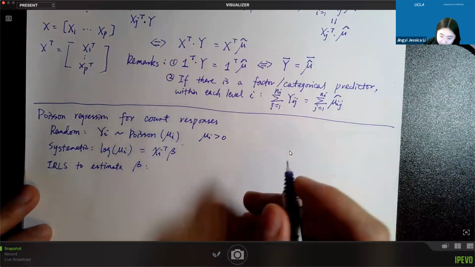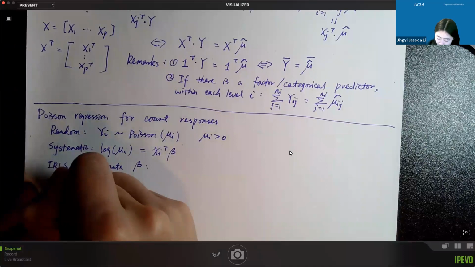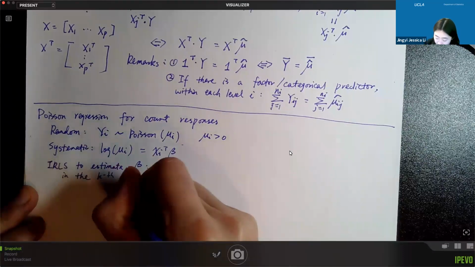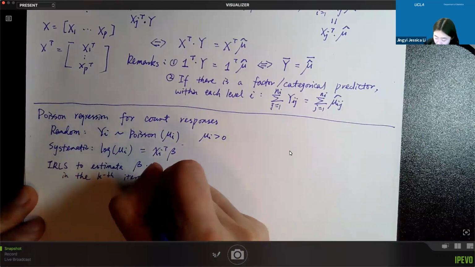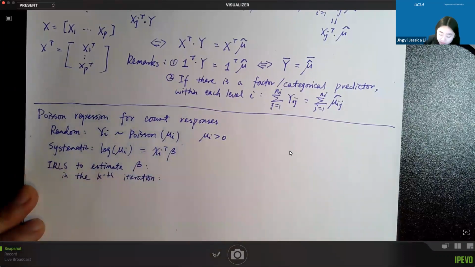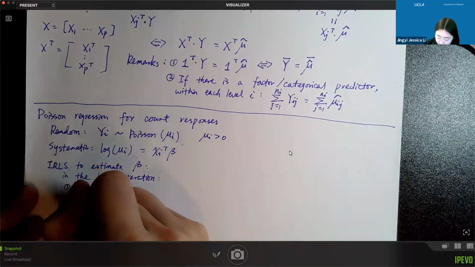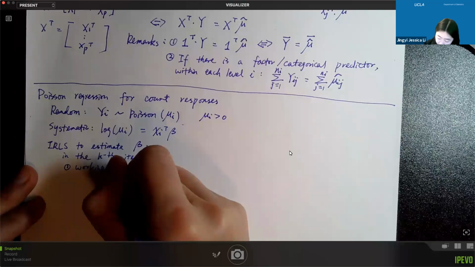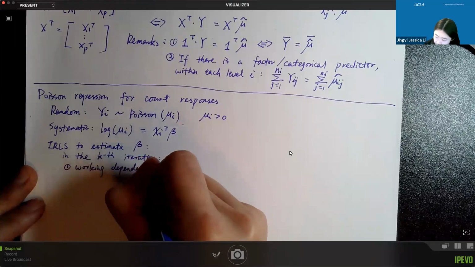Okay, so let's write here. In the kth iteration, we first need the working dependent variable.